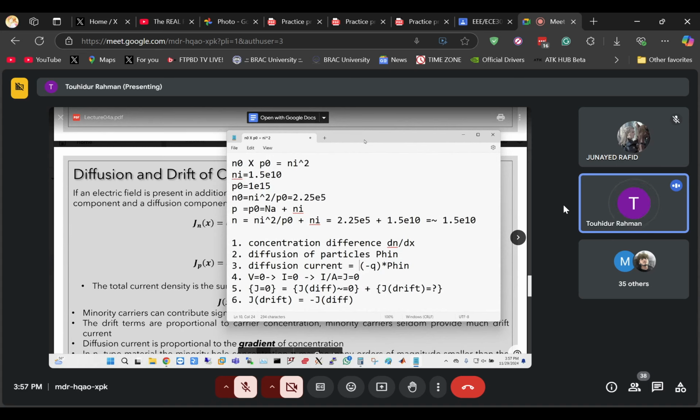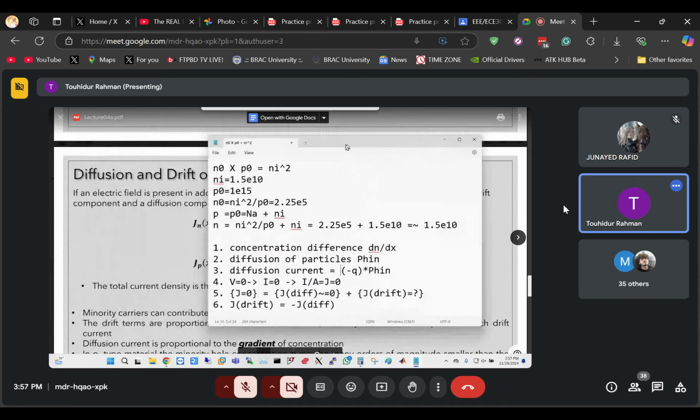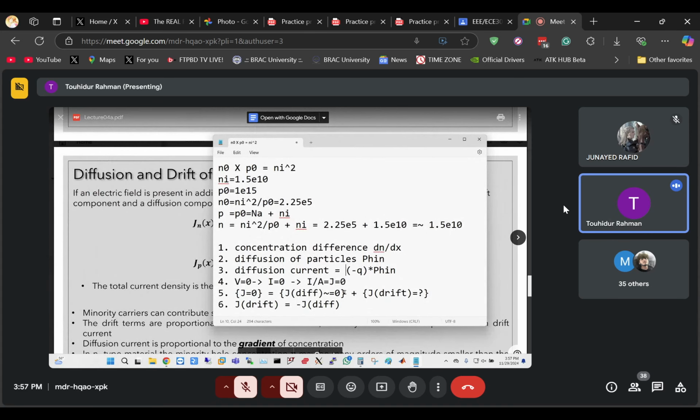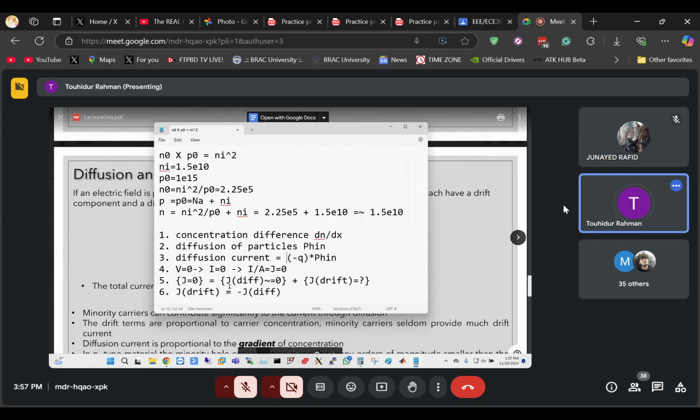The reason I wanted to show you this equation and go through these steps is that it says that if the voltage is zero, there are actually two things. The first condition is a concentration difference, because if we don't have a concentration difference, the diffusion current is zero, and then we don't have to think about drift current because everything will be zero.